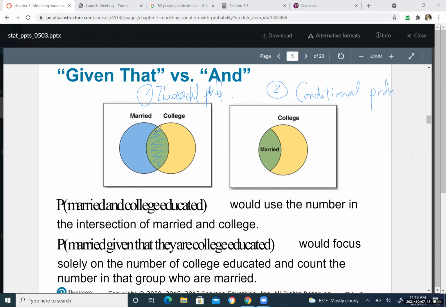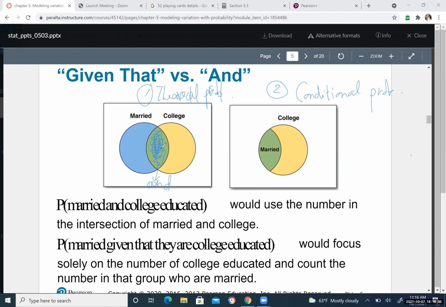That's right, that's "and." So remember this. Don't forget to look back at all the formulas that I taught you in 5.2. So in this picture, the word for the intersection is "and."